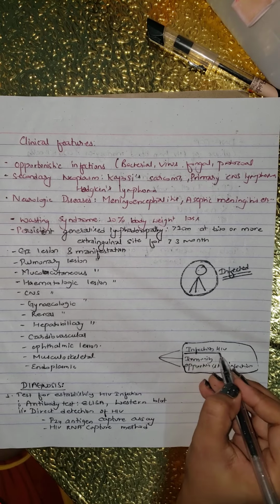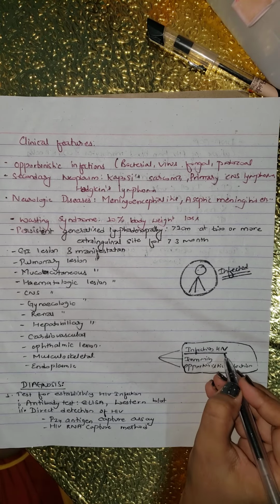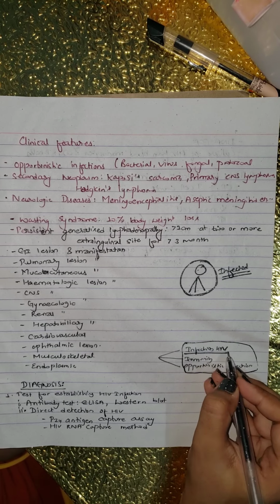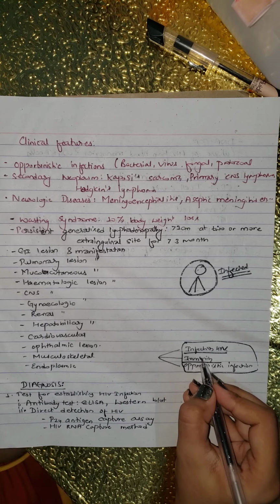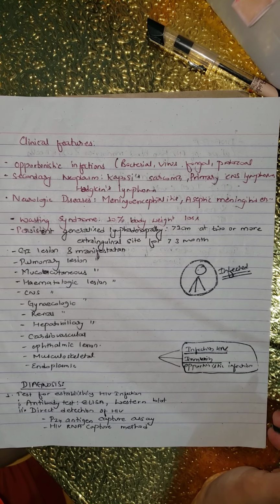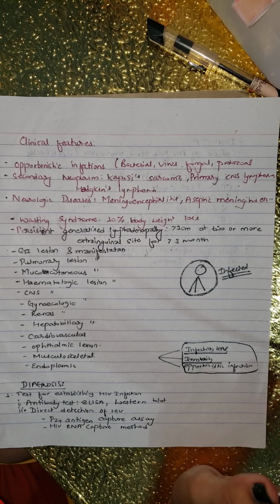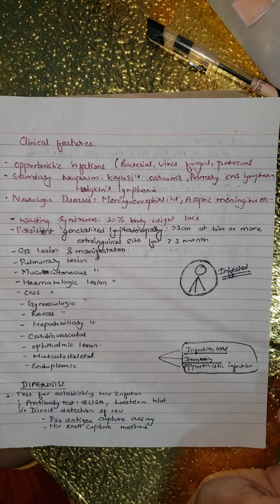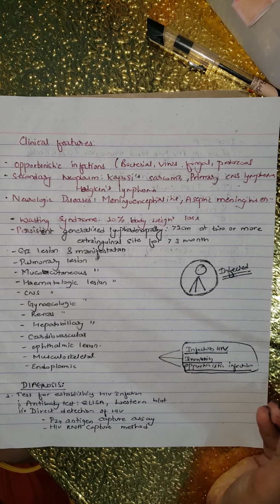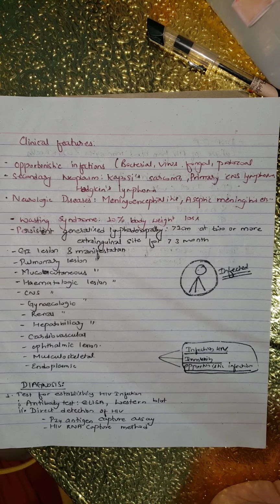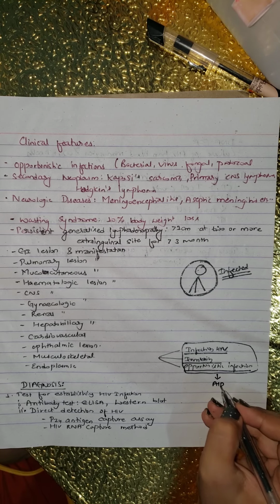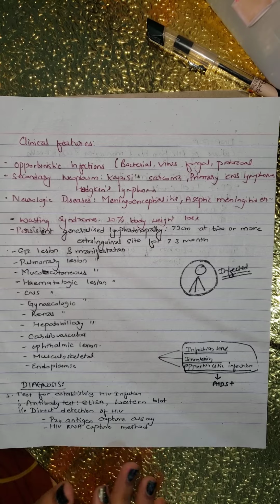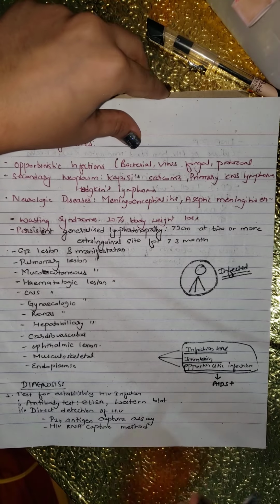We can directly check if the person is suffering from HIV, human immunodeficiency virus. Then we can check if the immunity of the patient is low or not, because we know that for a patient in AIDS the immunity is very, very low. Another thing we have to check is opportunistic infection. If the patient is suffering from a lot of opportunistic infections, it can also indicate the sign of having AIDS positive.